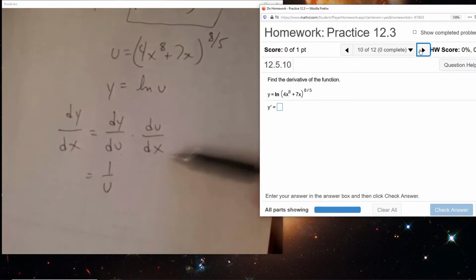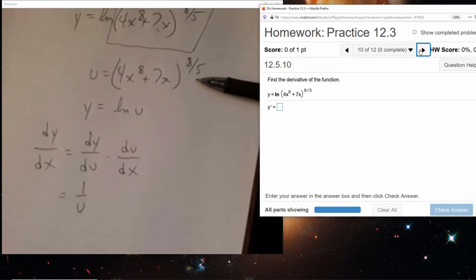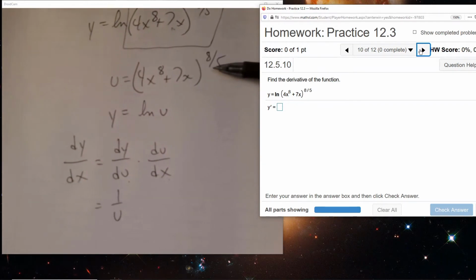Du dx, here is u. But notice, we don't know this derivative pattern. This is not any of our 4 derivative patterns. This is another composite function, which means we have to do another chain rule on this.